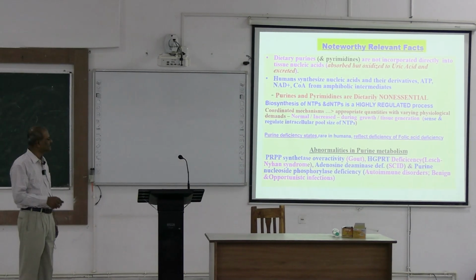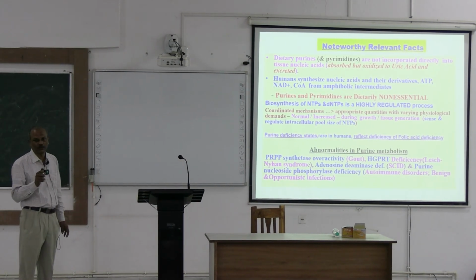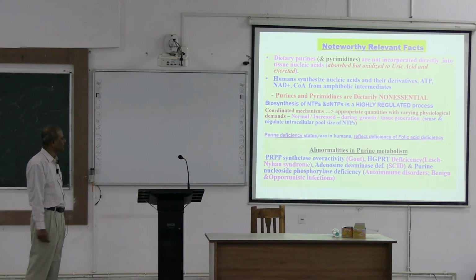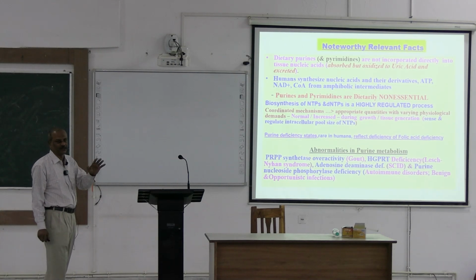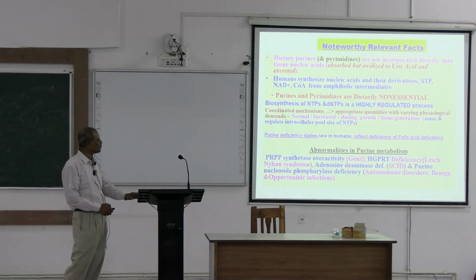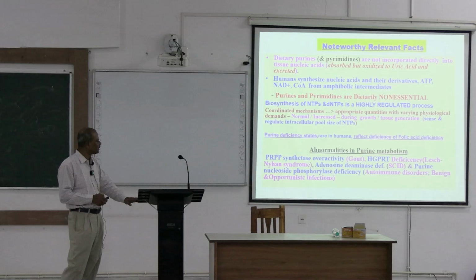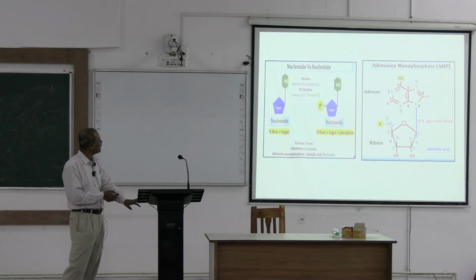Adenosine deaminase deficiency causes severe combined immunodeficiency state. Purine nucleoside phosphorylase deficiency is really a rare disease. It causes autoimmune disorder and opportunistic infections. I wanted to tell you just for relevance, note the facts basically.